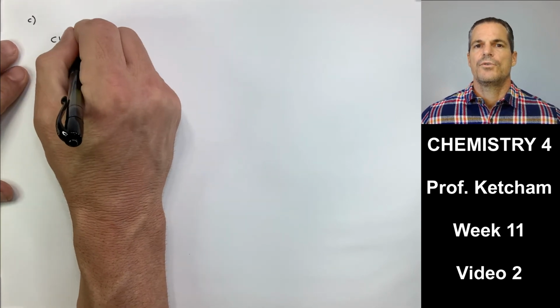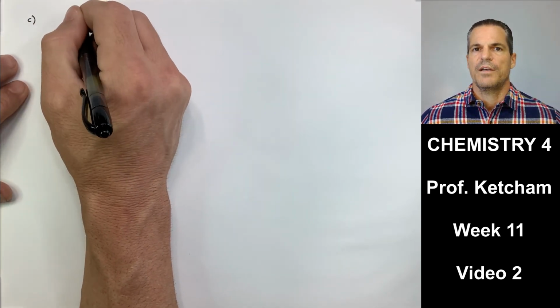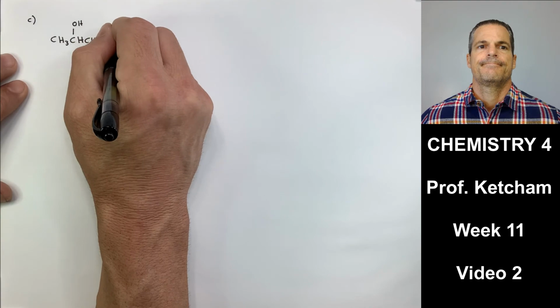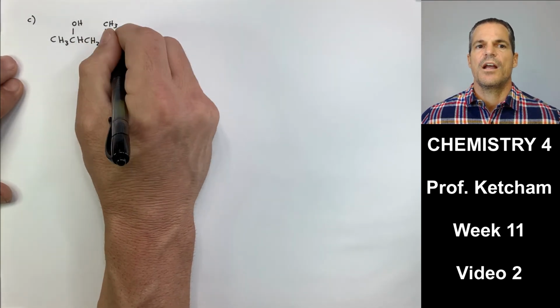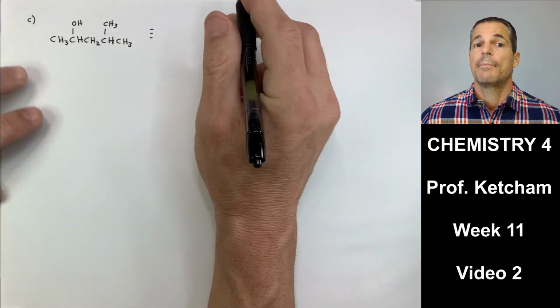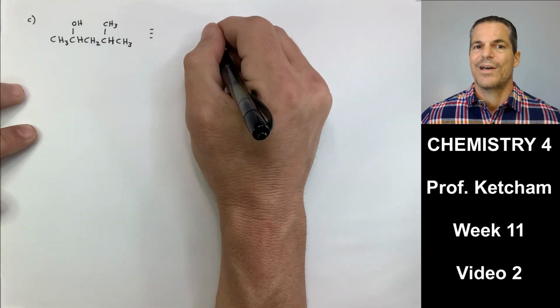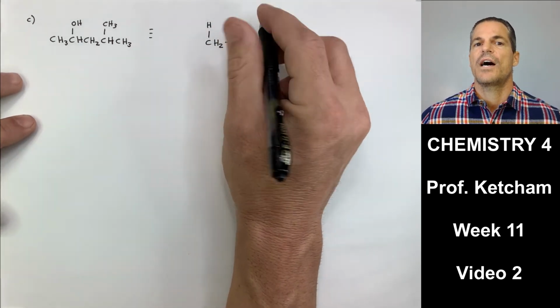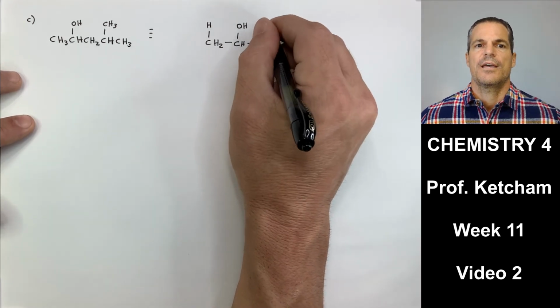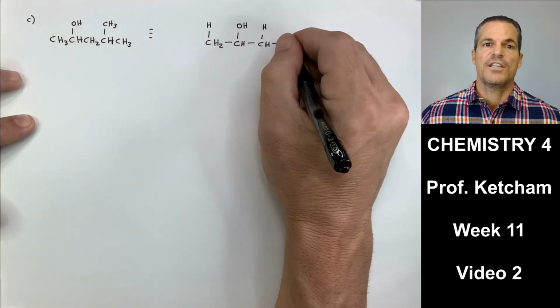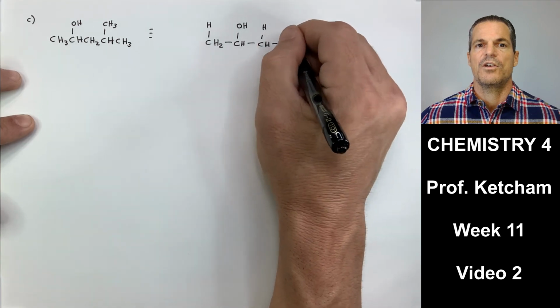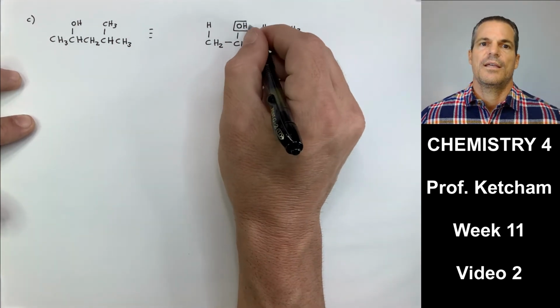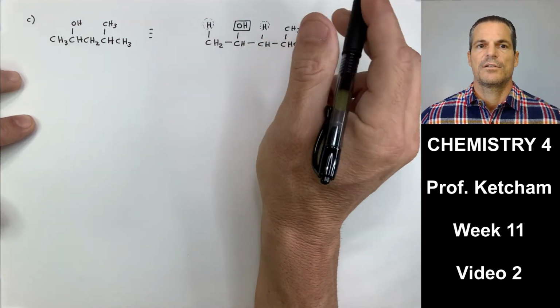All right, C. Again, we're trying to choose what the product would be of a dehydration reaction. So I've got my OH right there off of carbon 2. I'm going to blow this out and redraw it so I can see the hydrogens that we're going to remove. And we have 2 potential hydrogens that we can remove. We have the hydrogen to the left of the OH on the next door carbon and the one to the right. And I've highlighted those with a little circle.